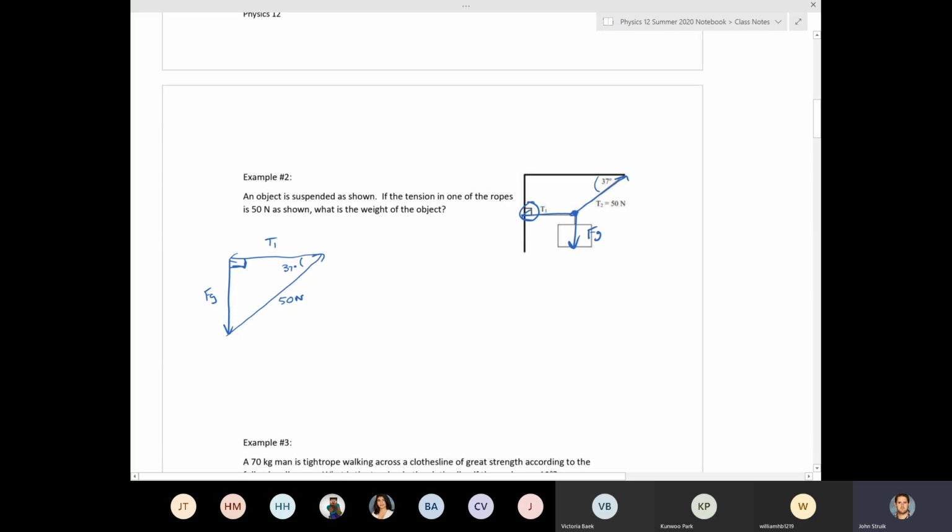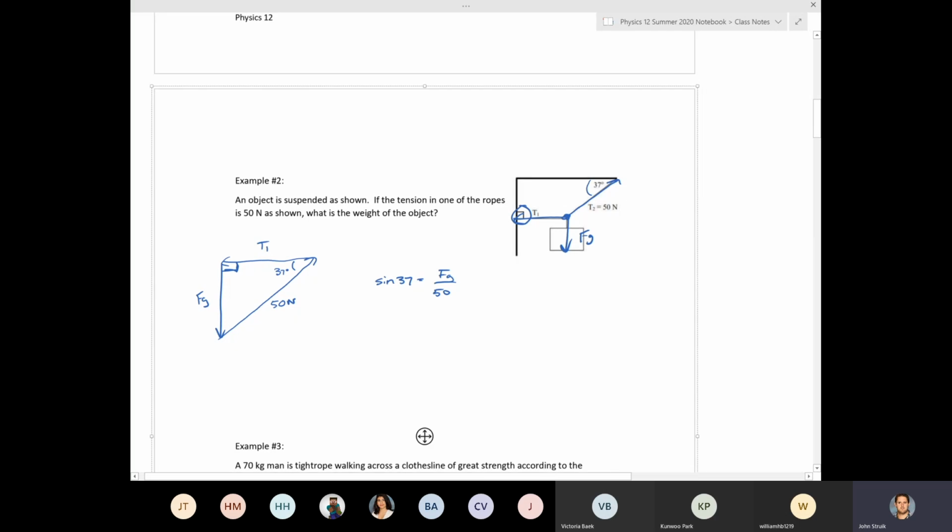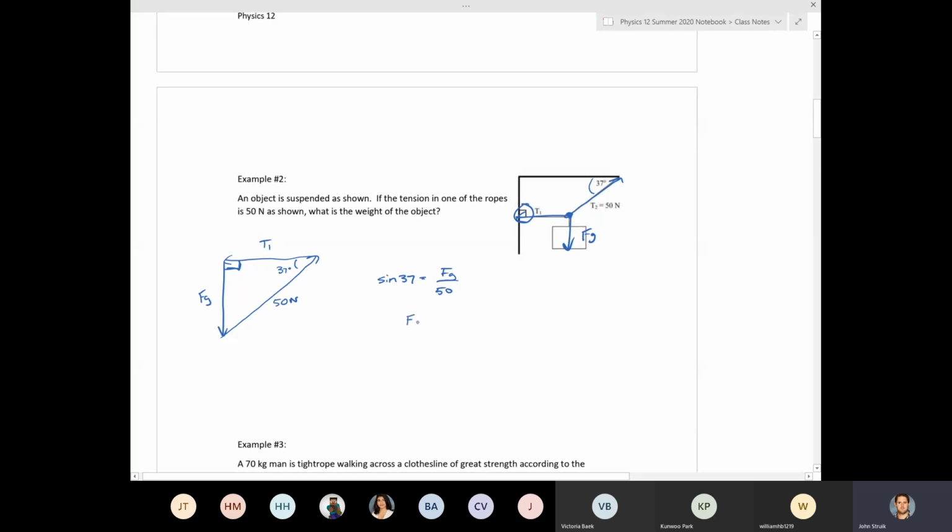This one's really easy because now all we have to do is sine 37 equals FG over 50. Then FG equals 50 sine 37, which is 30 newtons. And that's pretty much it.